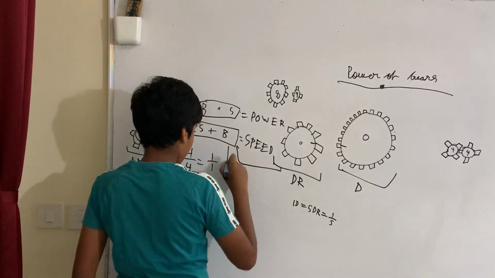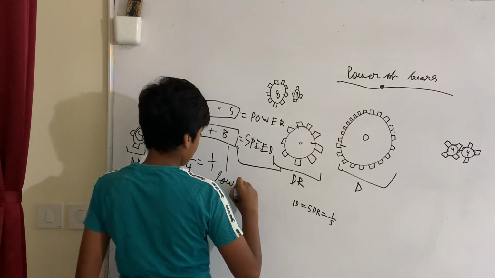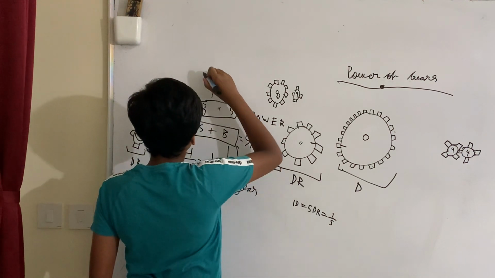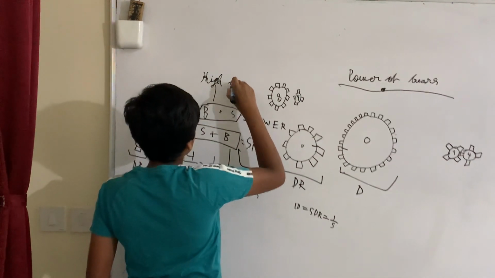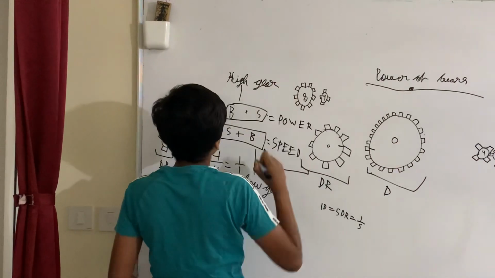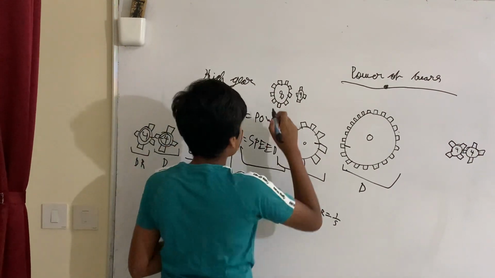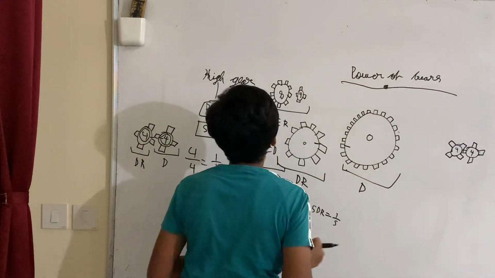By the way, if you're asking, this is called low gear, and this is called high gear. So in this illustration here, we have 8 and 4.